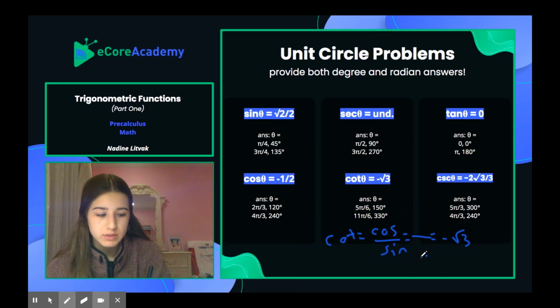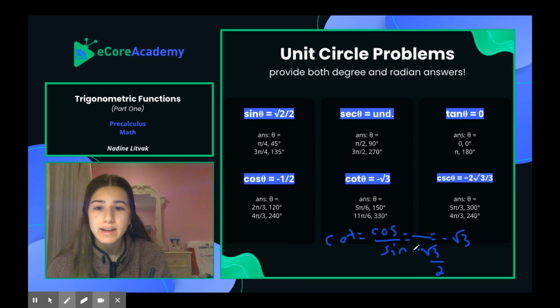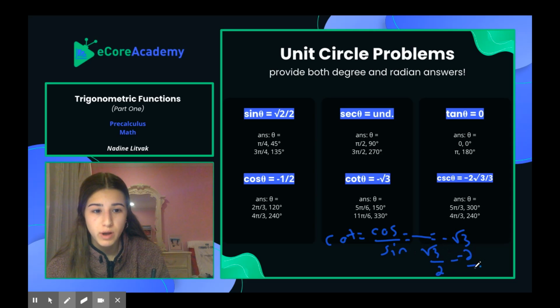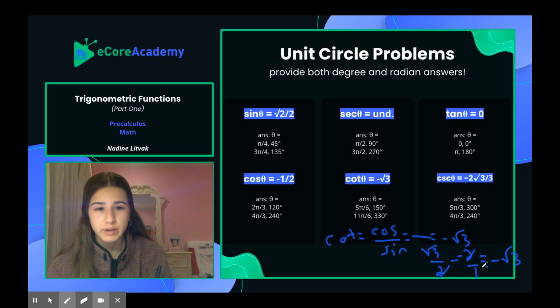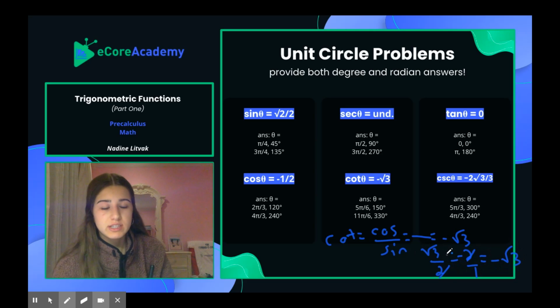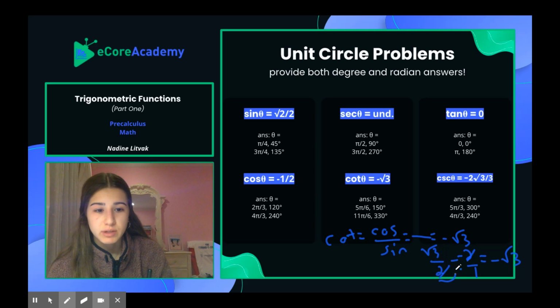So if we put cosine as root 3 over 2, and we put sine as negative 1/2 in order to get this negative right here, so we would multiply by the reciprocal of negative 1/2, which is times negative 2 over 1. This would cancel out the 2's and would get you negative root 3. So we just established that cosine needs to be root 3 over 2, and sine needs to be negative 1/2.